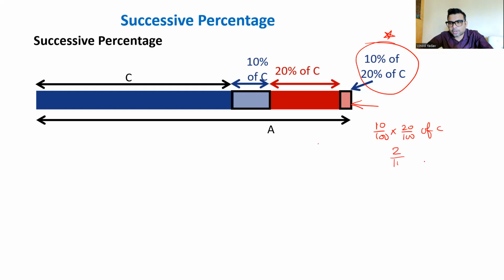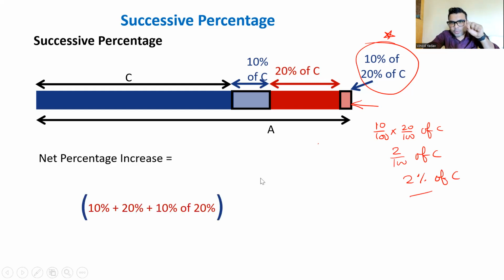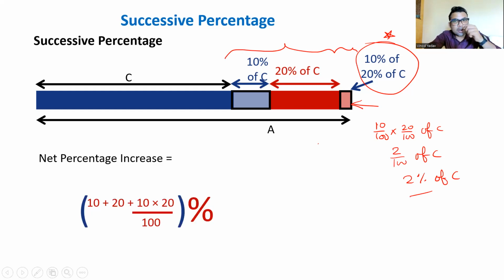So 2% of C. That is how you're getting that extra increase. So 10% plus 20%, right, friends? Extra is 10% plus 20% plus 10% of 20%, which is ultimately written like this. We're developing a format, a formula slowly. So this is 32%.